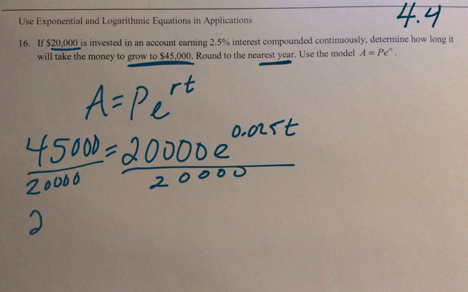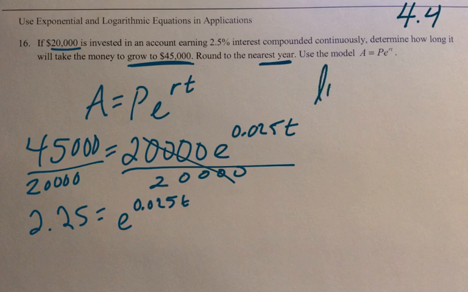And we get 2.25 equals e to the 0.025t. So then we're going to take the log of both sides. Please note that since this involves e, we're going to take the natural log.